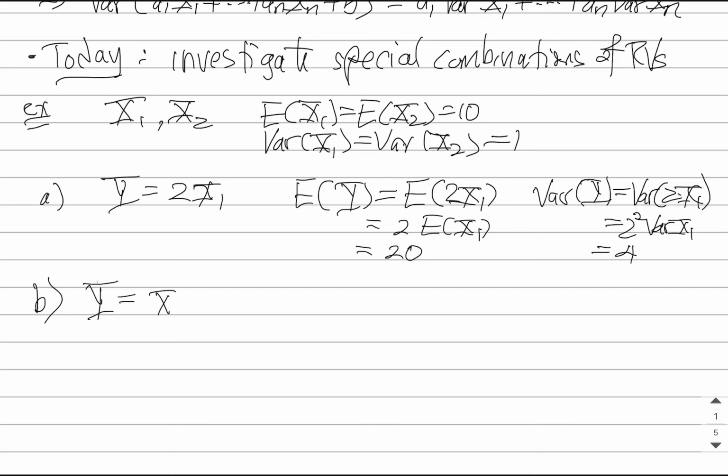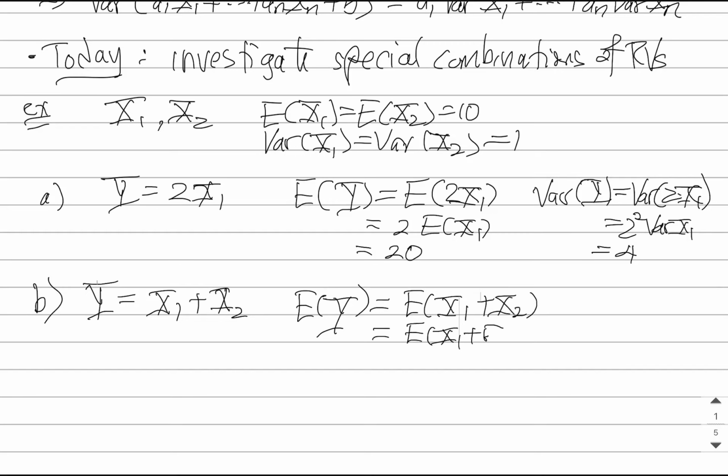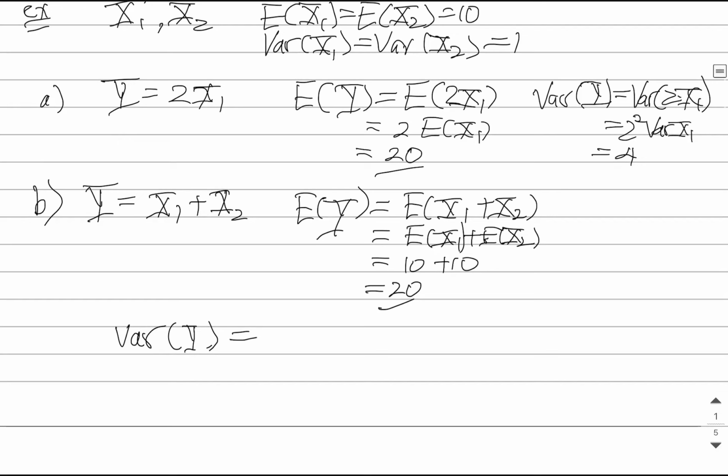Now, if we were to add the two random variables rather than doubling one of them, it should be straightforward for you to see that we are simply applying the expectation property we discussed last time, that the expectation of a sum is the sum of expectations. And so this will just end up giving us a 20, which is the same as we had in the problem above. The variance property, so the variance of y, is slightly different.